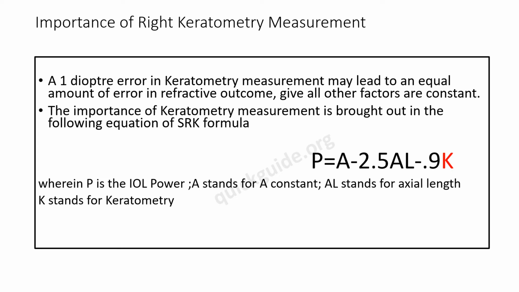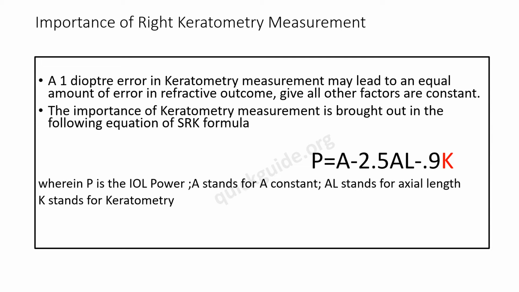We continue with part 1, which focuses on keratometry. The importance of the keratometry is well brought out in the SRK formula, which was introduced in the late 70s, very early 80s. The SRK formula states that power is equal to A constant minus 2.5 into axial length minus 0.9 into keratometry reading, that is, the average corneal power of the patient.